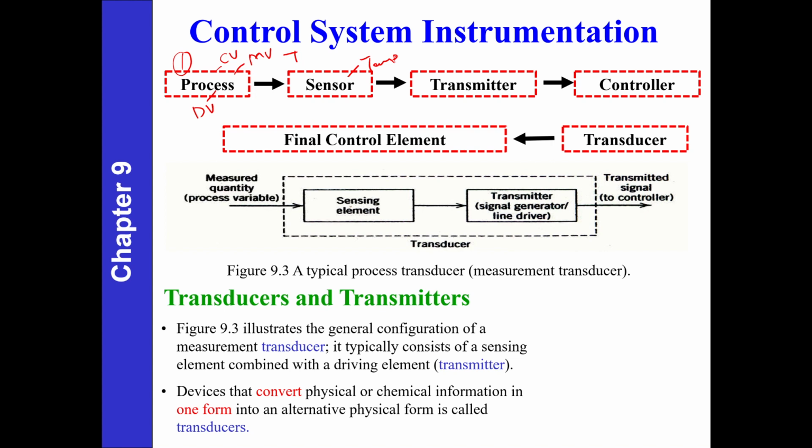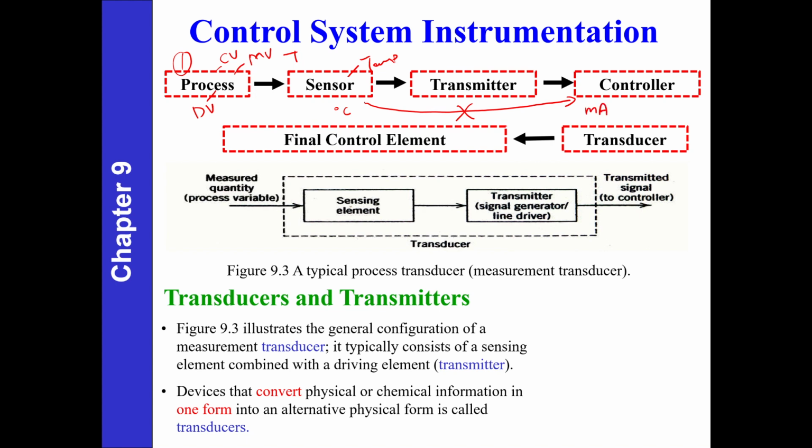Now the transmitter. A sensor cannot send directly to a controller. Why? Because its output is in degrees C, but this controller is an electronic device. It can only receive a signal in milliampere.